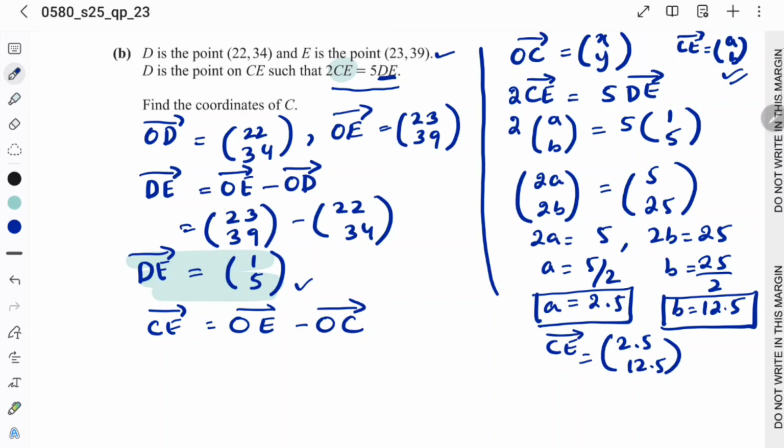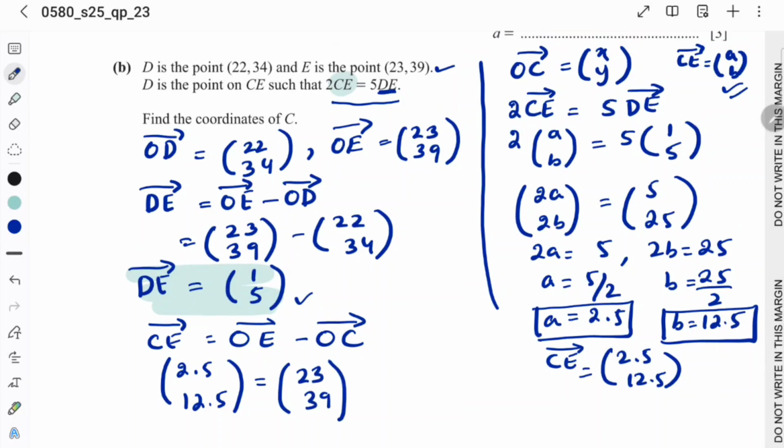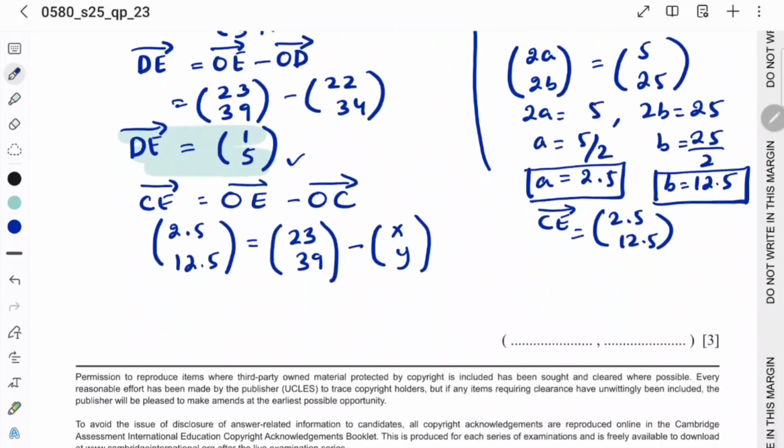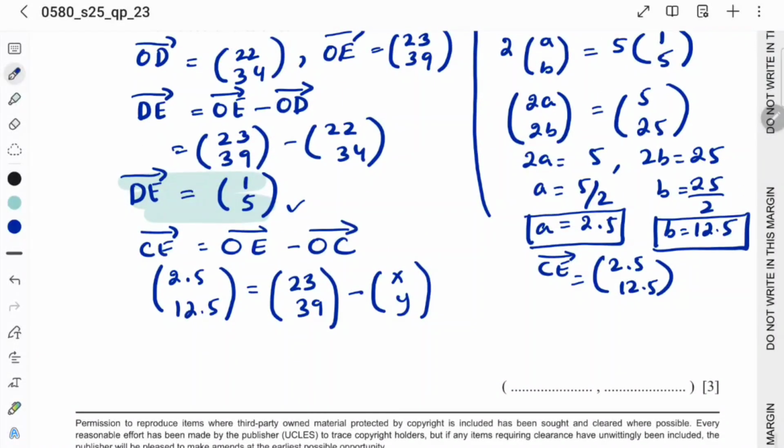So now we are ready to find the C coordinates. So (2.5, 12.5) is equal to the E vector (23, 39) minus C, which we have taken as (x, y). Now it's easy for us.